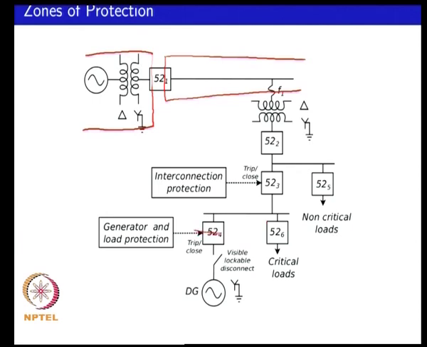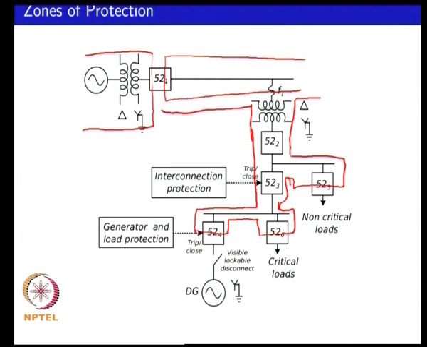So, you might have the zone of the interconnection protection. But your interconnection protection is also trying to protect the distribution system and also your neighboring equipment. So, your interconnection protection has to protect a fairly large zone.